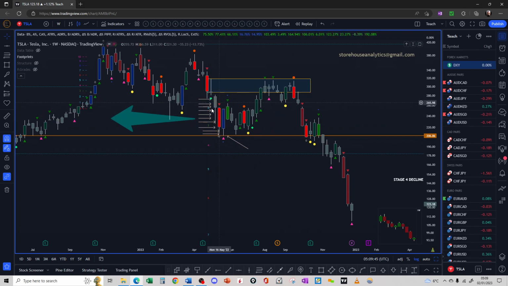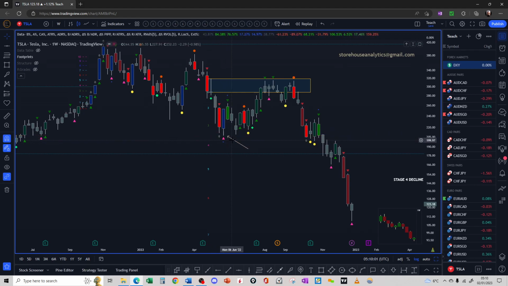So, did prices make it to a new low? Is basically what we're asking of our supply zones. For our supply zones to be decent quality, we're looking for supply zones that are making fresh lows.